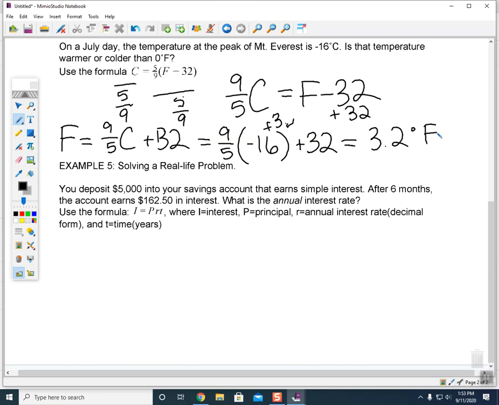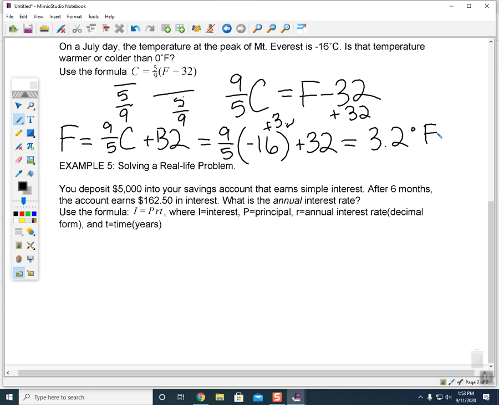Is this warmer or colder than 0 degrees Fahrenheit? Colder. Warmer. Okay, you didn't all pass.